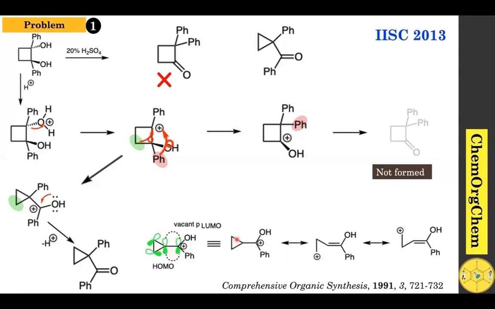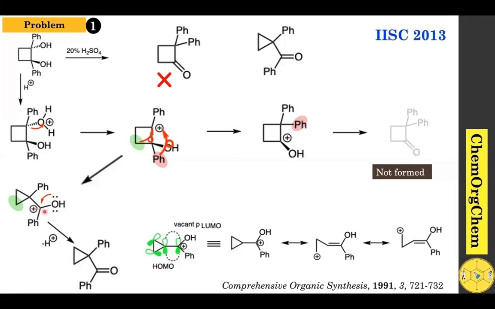Similarly, if you break this carbon-carbon bond, you will get a positive charge. So all these structures are resonance stabilized structures. Sometimes people call this a dancing resonance. In this way, this cyclopropylmethyl carbocation stabilizes this particular system.